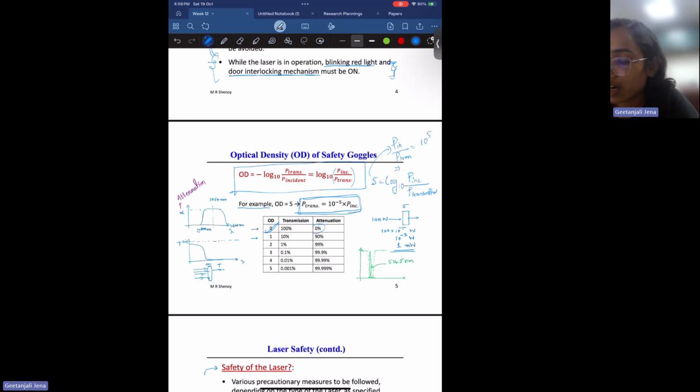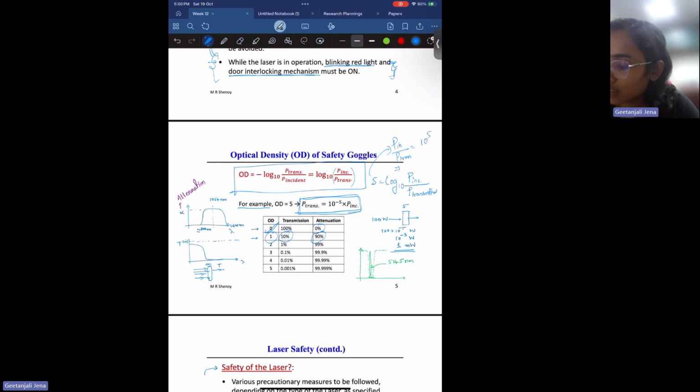If you have goggles of optical density 1, then there will be 10% transmission and 90% attenuation. As you increase the OD, the transmission will decrease, and the attenuation by the goggles will increase.